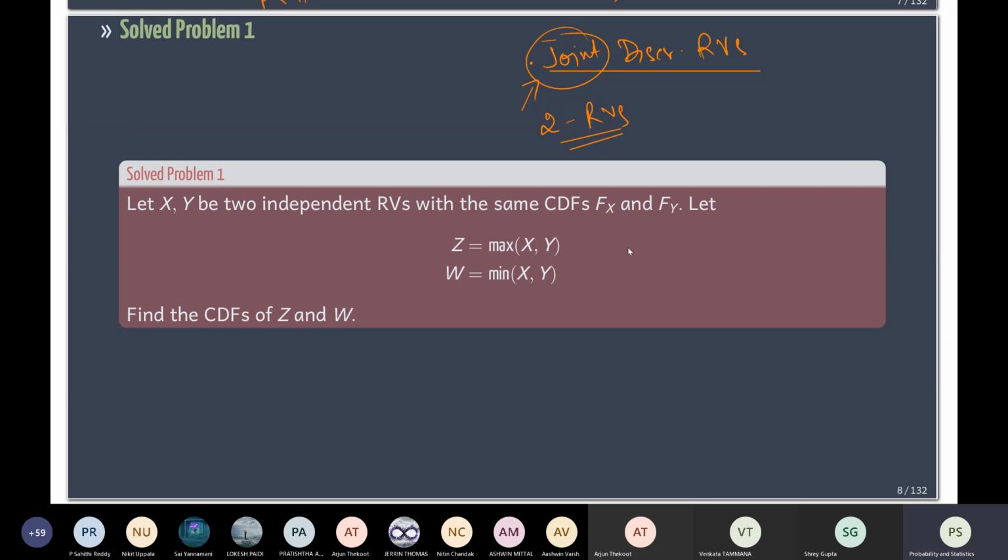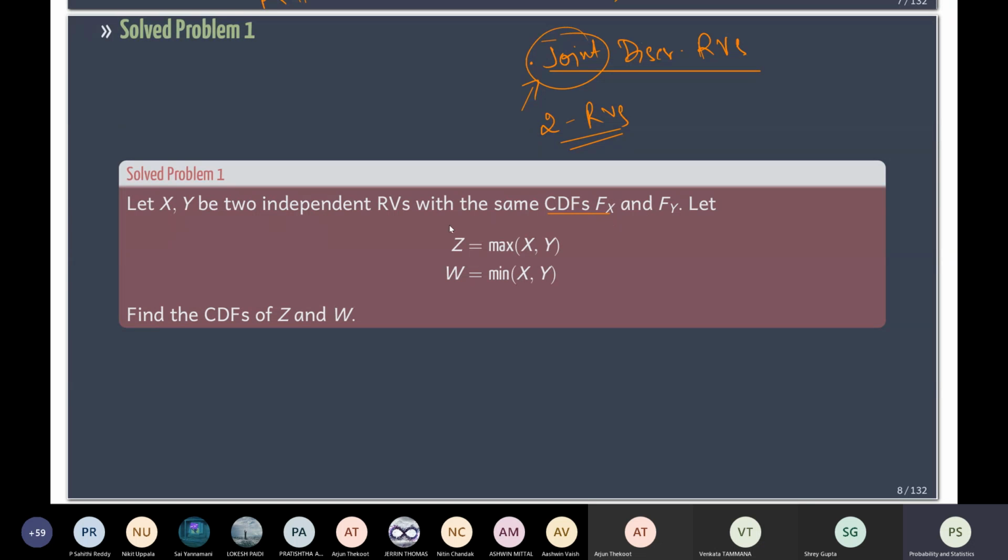A natural question is: if the CDFs are the same, are the random variables going to be the same? That's already a thing to ponder.